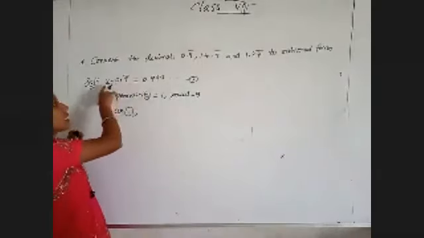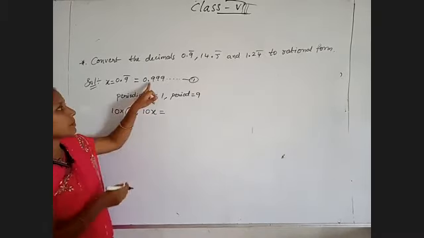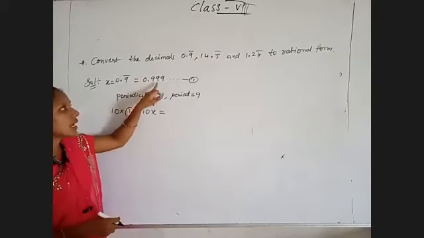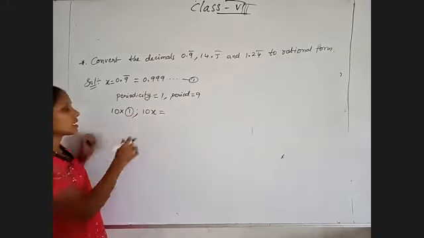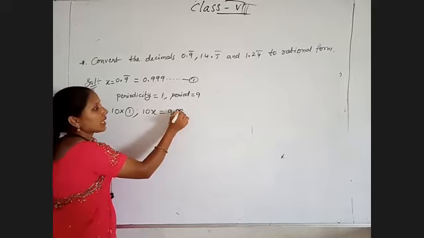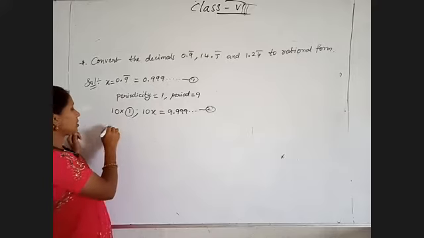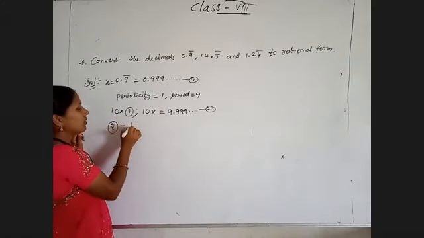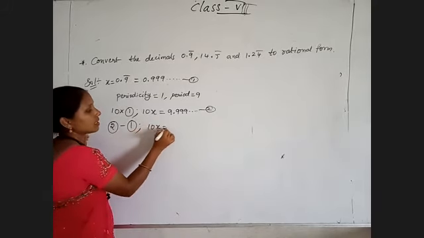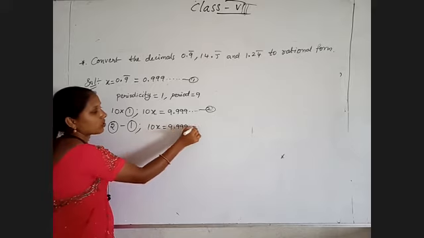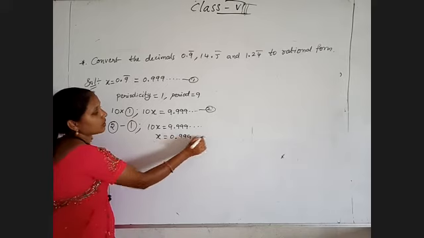What will we get? 10x is equal to 9.999 and so on, because we are multiplying with 10, the point comes right by 1 digit, as we have only one 0. Equation 2.